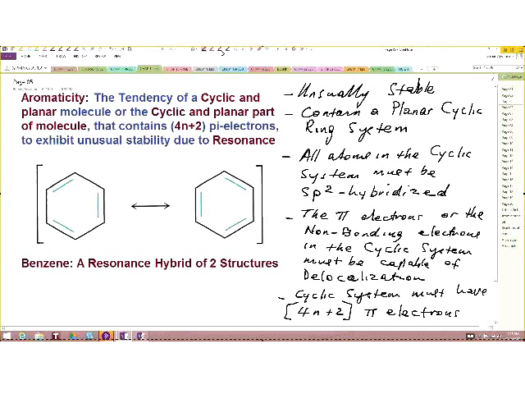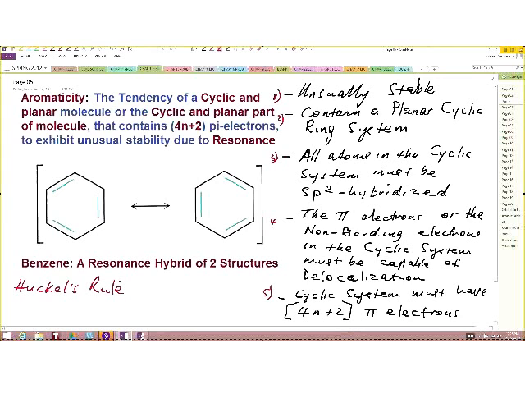Okay? If I number this, so condition 1, 2, 3, 4, and 5. This condition 5 is what we refer to as Hückel's rule. In other words, we say that the molecule must obey Hückel's rule.